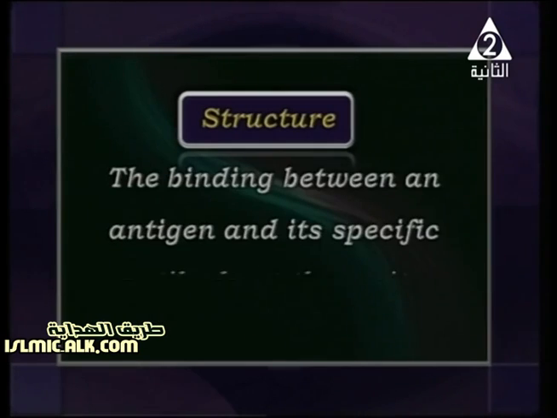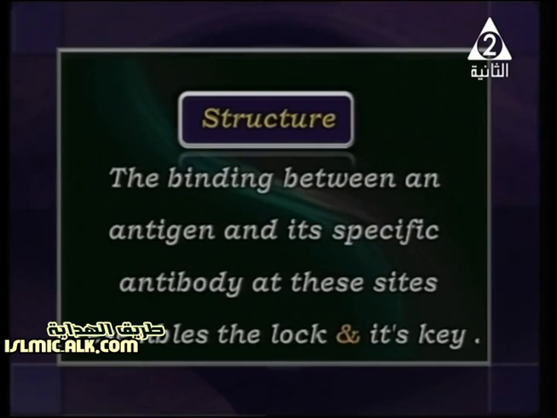And also, the binding between the antigen and its specific antibody, at this site, looks like a lock and its key. Get the meaning here? The antigen is related to the bacterial cells or the pathogen, while the antibody is something from your body, from the lymphocytes.